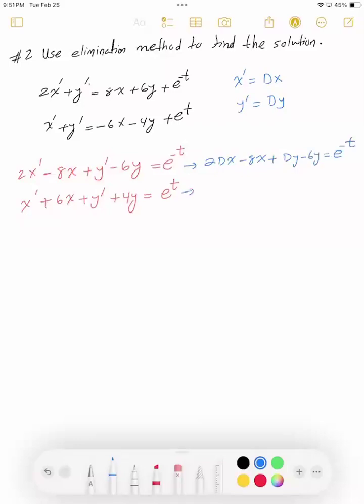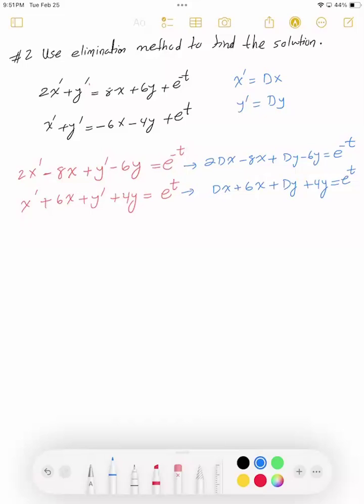And here I'm again going to call x prime Dx, plus 6x plus Dy plus 4y is equal to e to the power t.